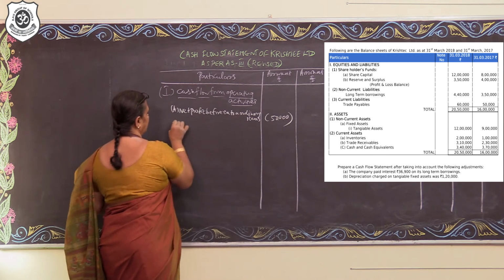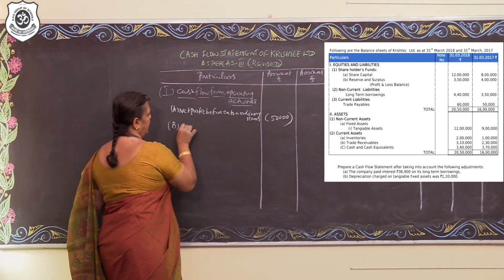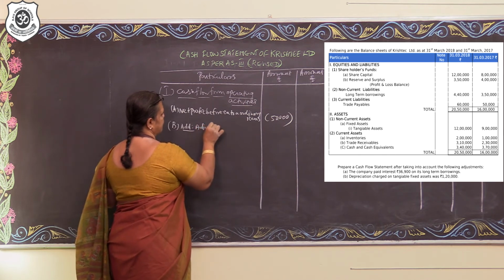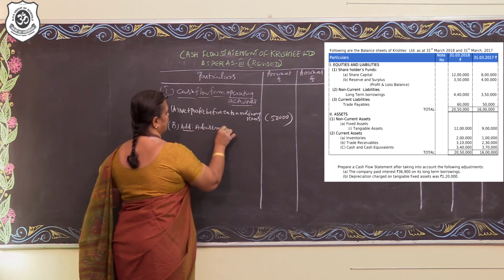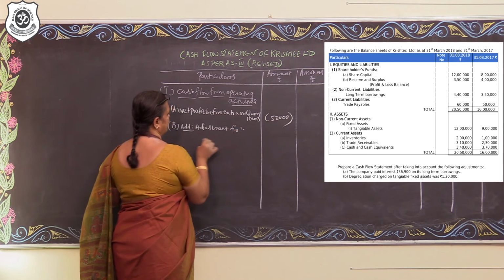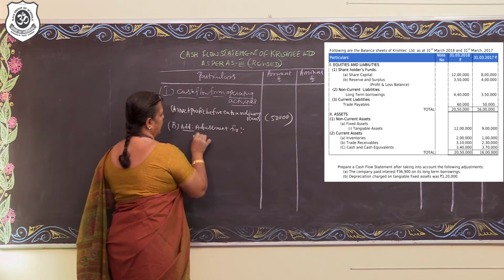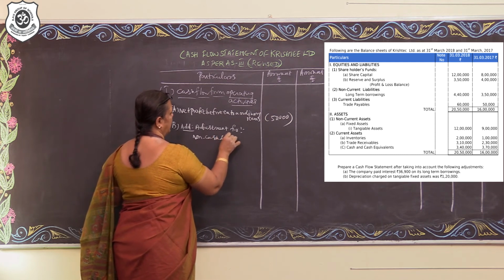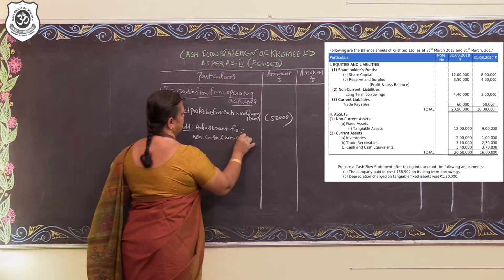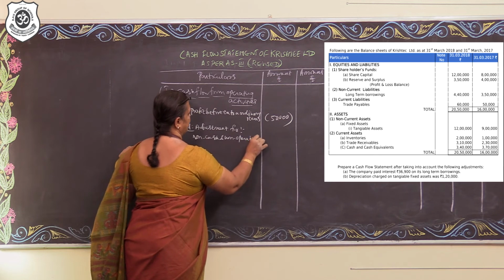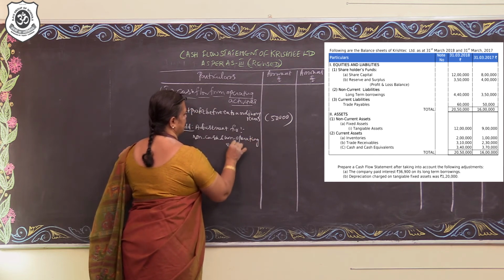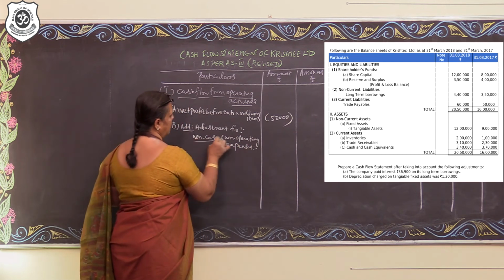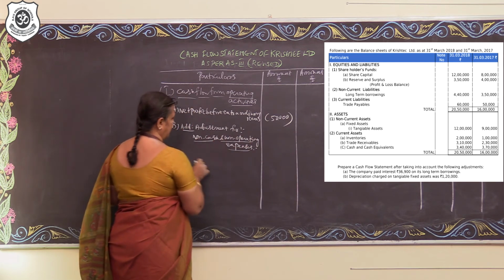With that, we are going to add adjustment for non-cash and non-operating items. Non-cash and non-operating expenses.